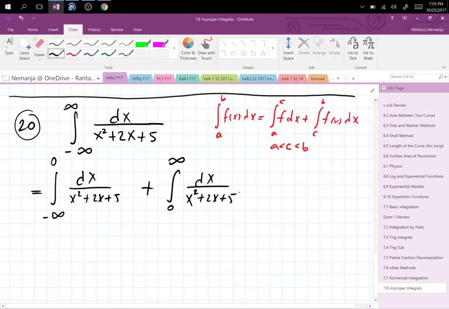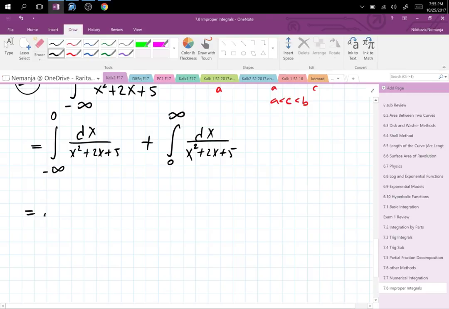Now, good thing about these is that the integral is the same. You just have to worry about different limits once you are done with integration. So to set up this fully, you have limit. Now look, you have negative infinity. That's a lower limit. So we're going to use a in this case. If you're replacing the lower limit, you're using a. If you're replacing upper limit, you use b.